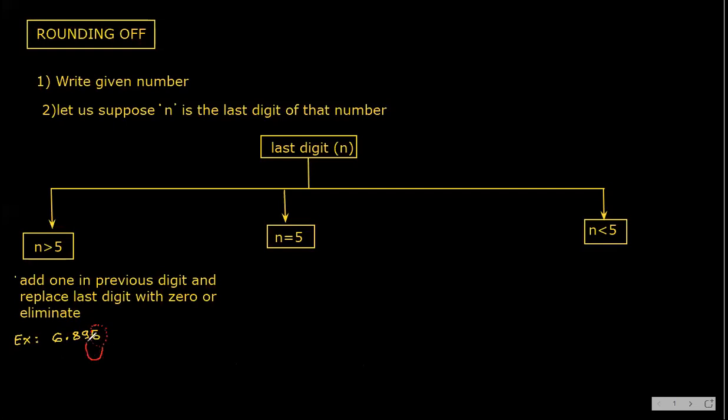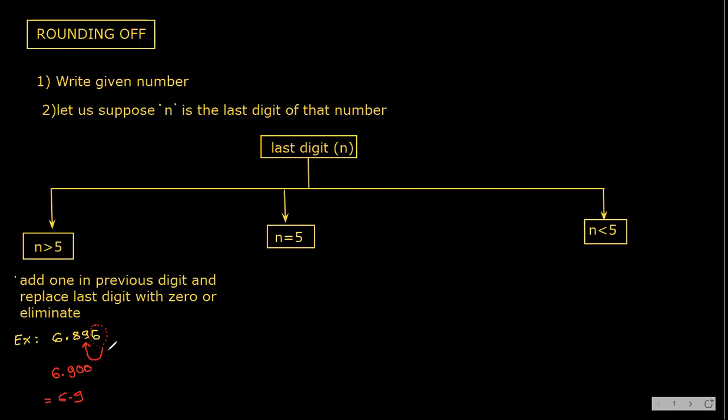We have to add 1 in the previous digit. So this is our next step, 6 point, and this is 9. So again 0 and 1. So this is going to be 6.900, because this is 10. So 0 and here carry 1. So 6.900. Understand? Or even you can write it as 6.9 also. Understood?